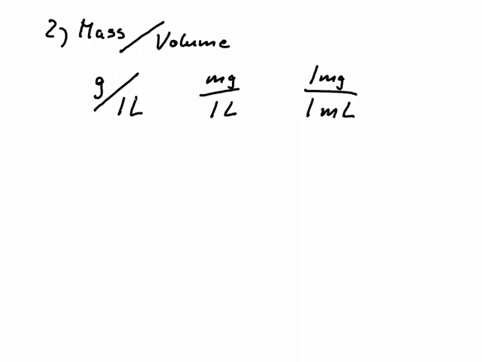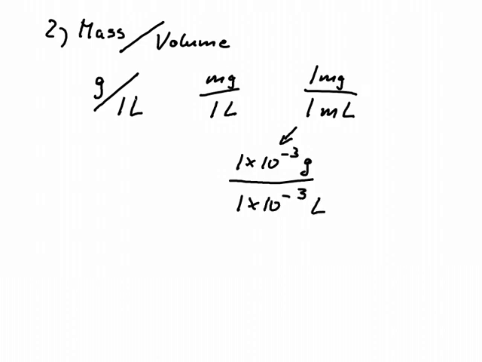This can be written as 1 times 10 to the negative 3 gram, that's our milli, in 1 times 10 to the minus 3 liters, that's the milliliter. And what we see is that the 10 to the minus 3 cancel out.